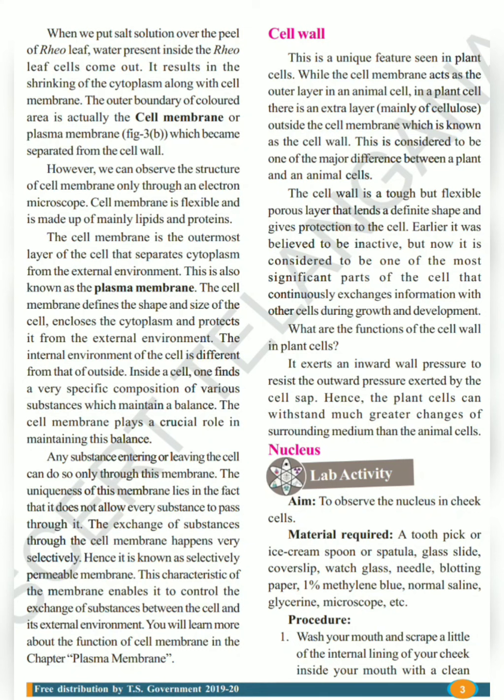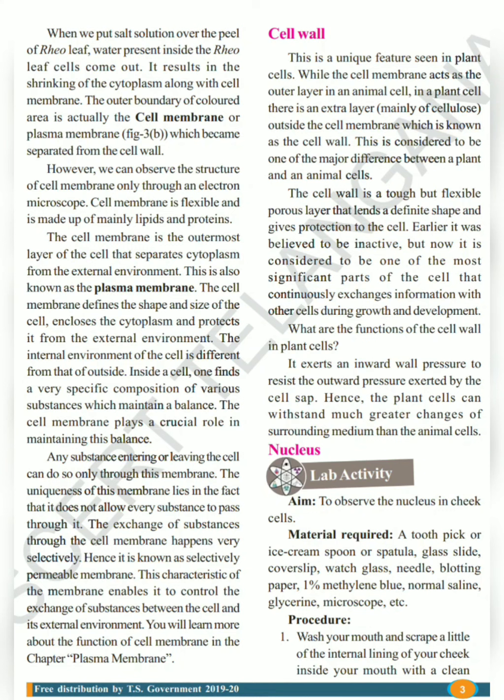The cell membrane also plays a very crucial role in maintaining this balance of the cell. So any substance which is either entering or leaving the cell, it enters and leaves through this membrane.